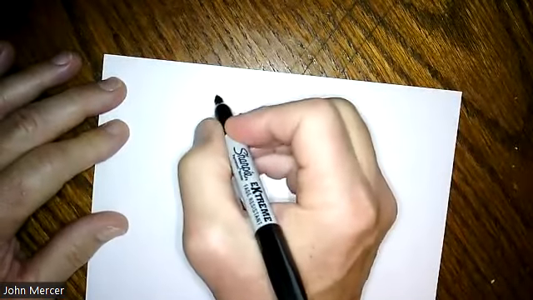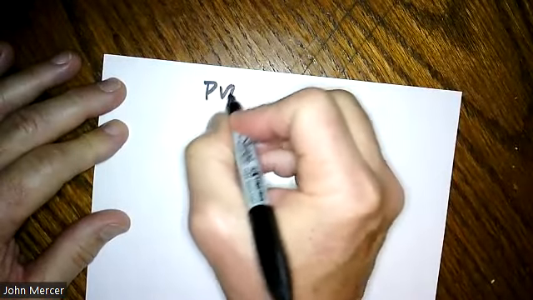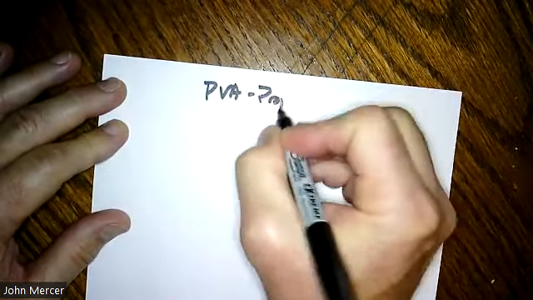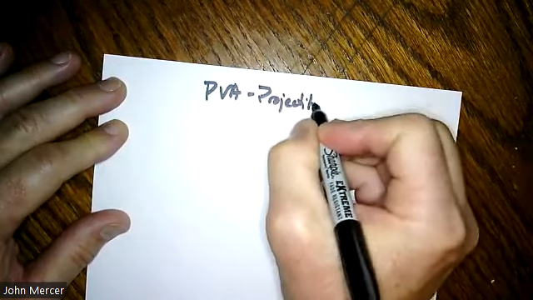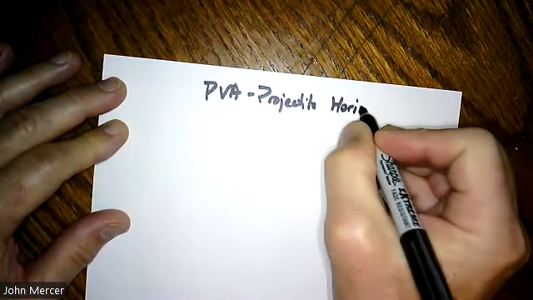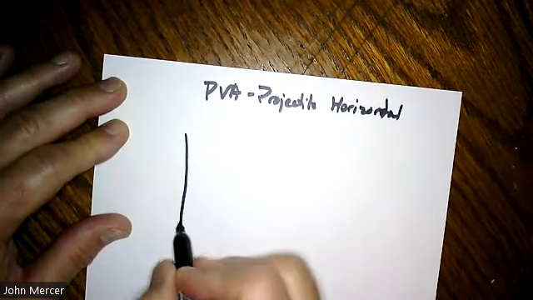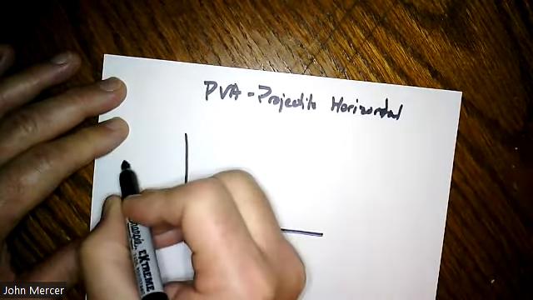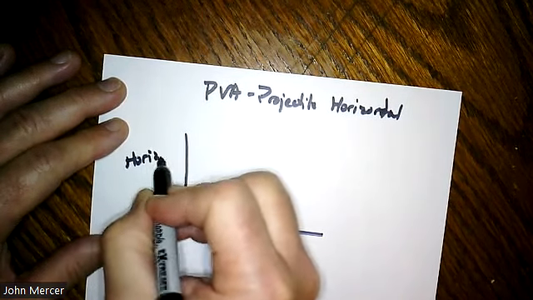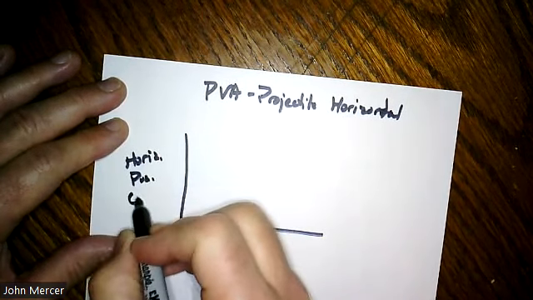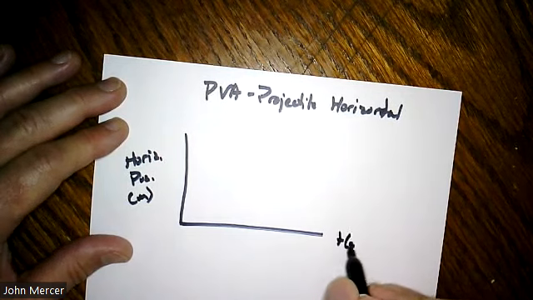Well, if we look at the horizontal motion, I'll do the same thing, PVA, projectile. Now I'll draw out horizontal position. I'll still use meters versus time.